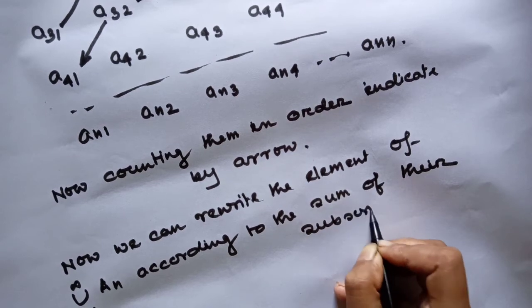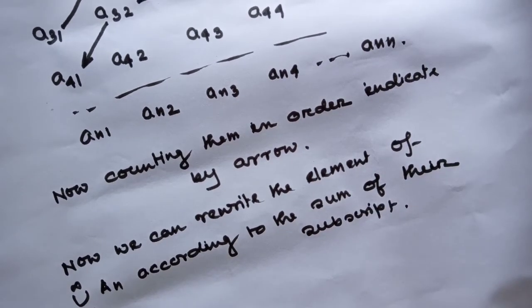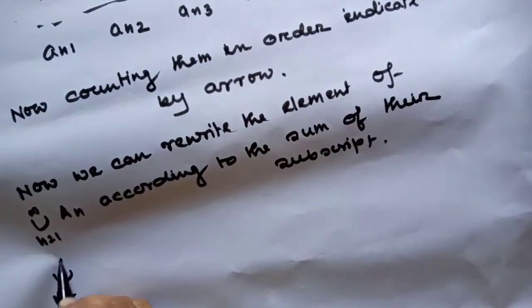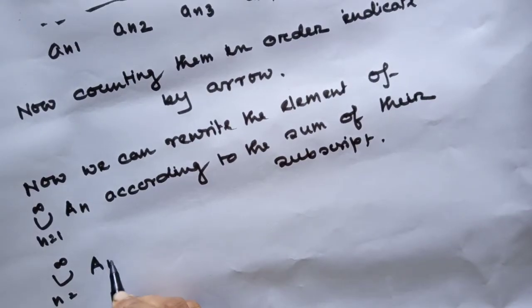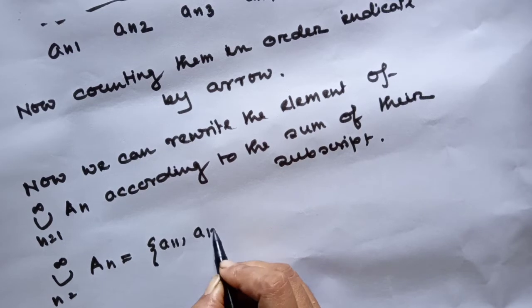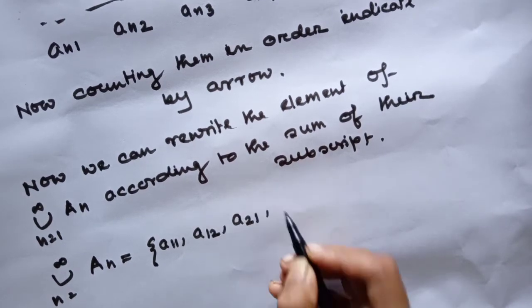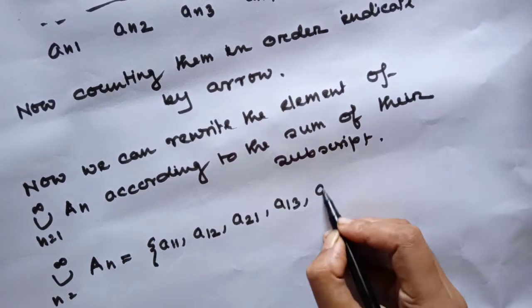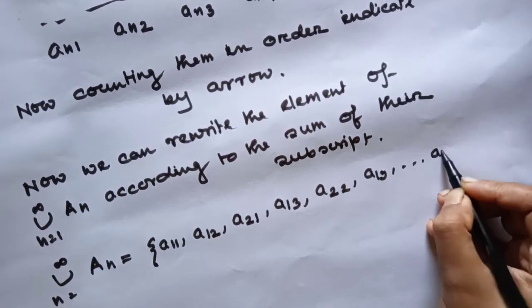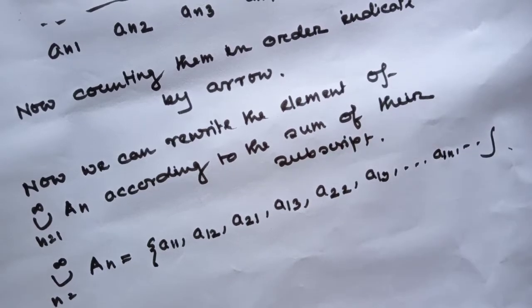Have you understood? Okay. Now the union over n equal to 1 to infinity of An equals A11, A12, A21, A13, A22, A13, A1n, and so on. Have you understood?